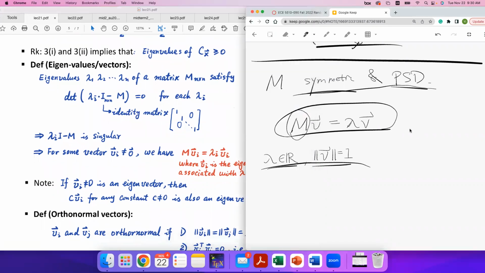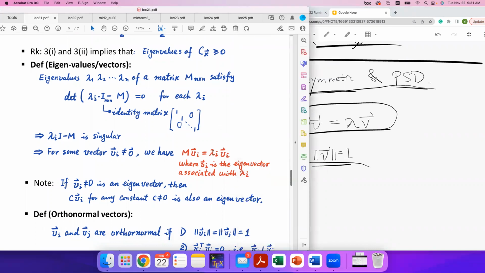So we assume that you can apply standard linear algebra techniques and get these lambdas and v's. We will index them using subscript i: lambda i, the i-th eigenvalue associated with v i, the i-th eigenvector.